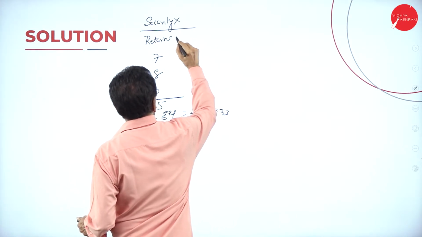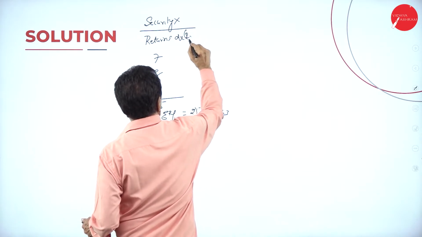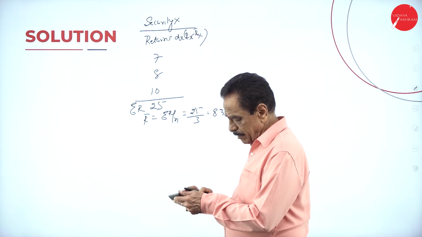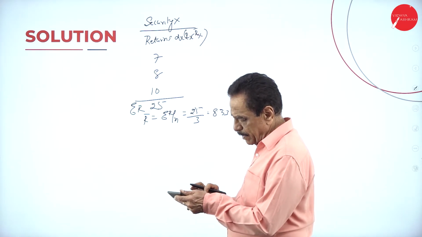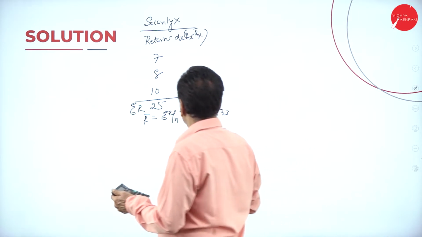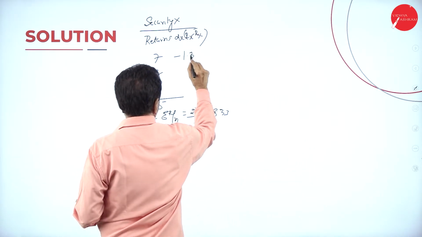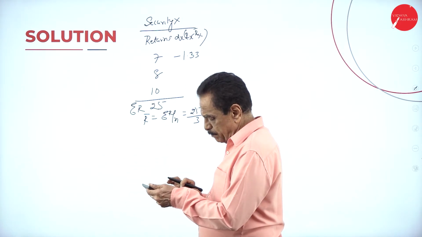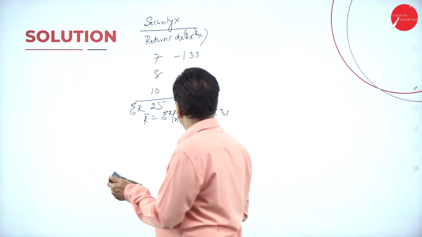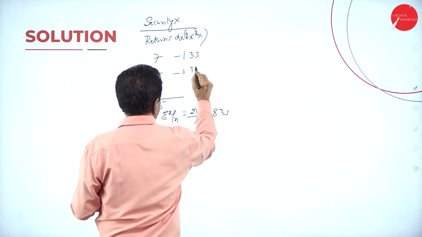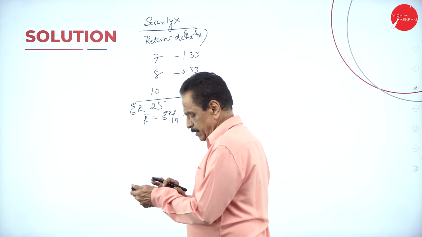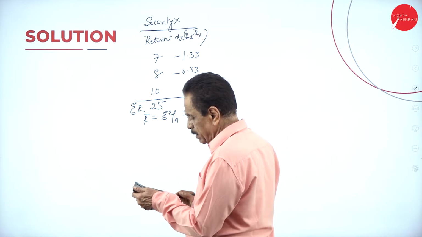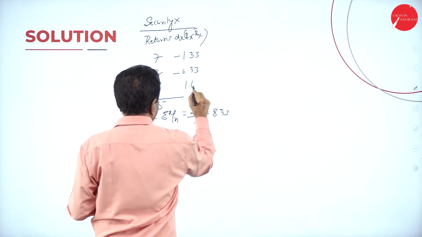Then here, deviation dx is Rx minus R mean X. 7 minus 8.33 is minus 1.33. 8 minus 8.33 is minus 0.33. 10 minus 8.33 is 1.67.